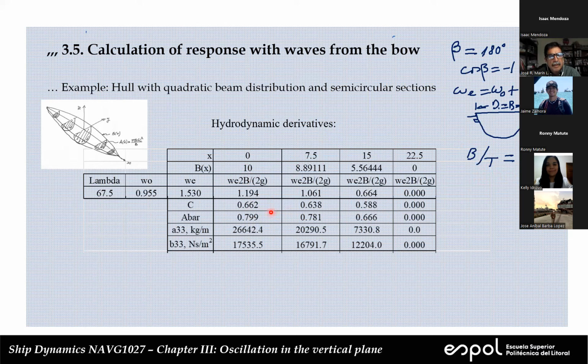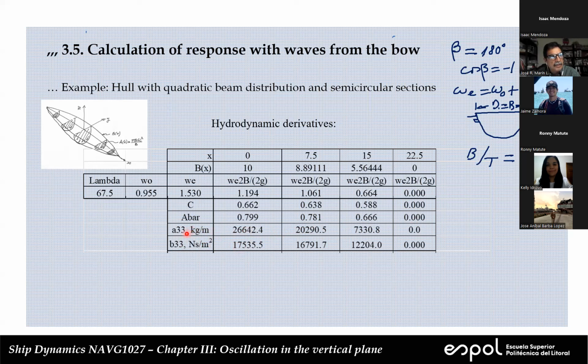Okay. So we see that this value is decreasing. And this value increases or decreases up to 0. And then we can apply the formula for A33 and B33.